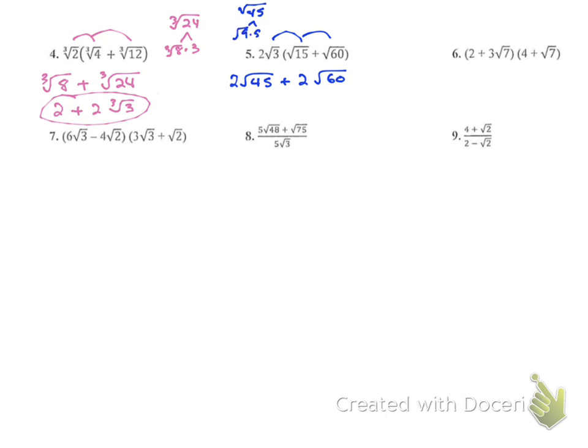So that'll give me 3 times 2, which will be 6 square root of 5 plus... Sorry, 3 times 60 is 180.